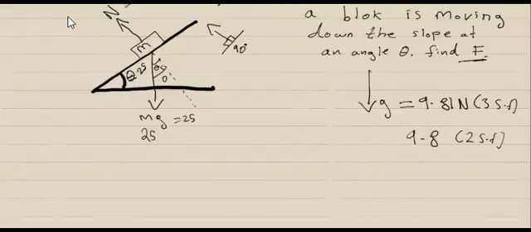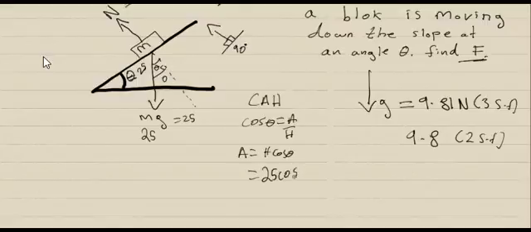So then we can use the rule that we had, where you have the adjacent and the hypotenuse. So cos theta again would be adjacent over hypotenuse, which means that A would be h cos theta, which if we substitute will become 25 cos theta. Whatever, all you have to do is just plug in whatever theta you have.